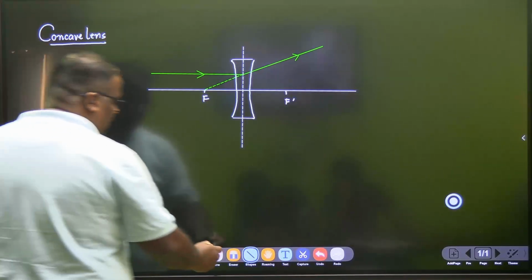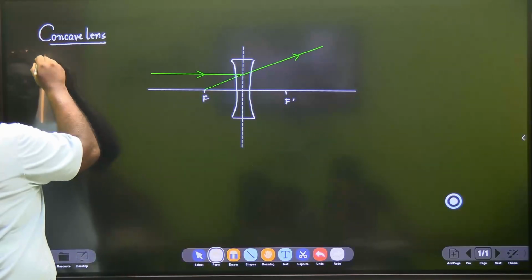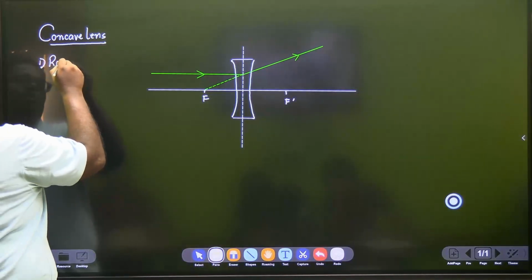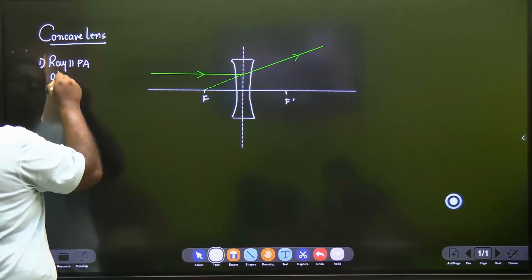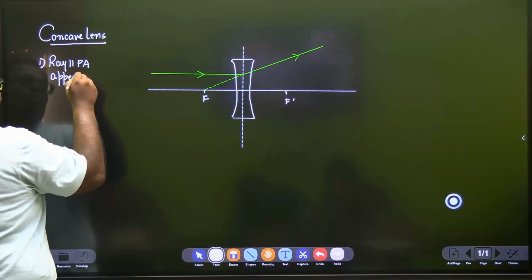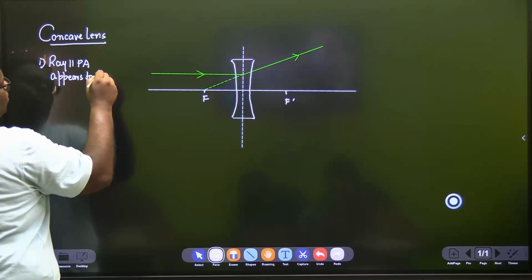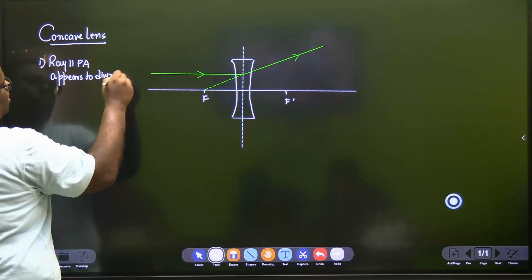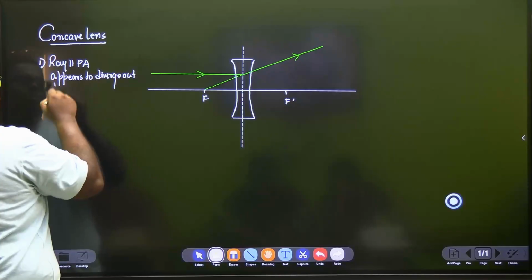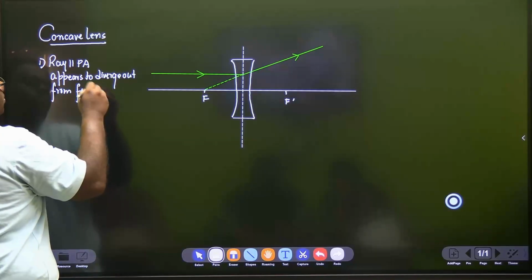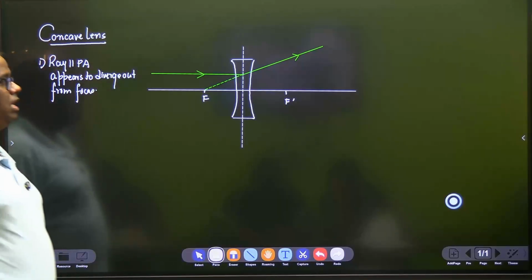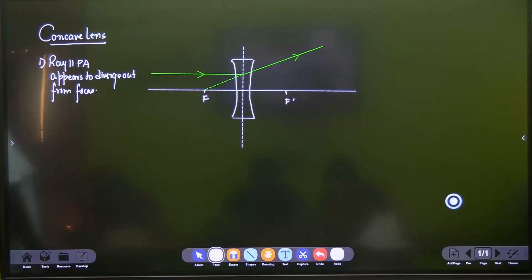So we can write this as rule number one: a ray parallel to the principal axis appears to diverge out from the focus.